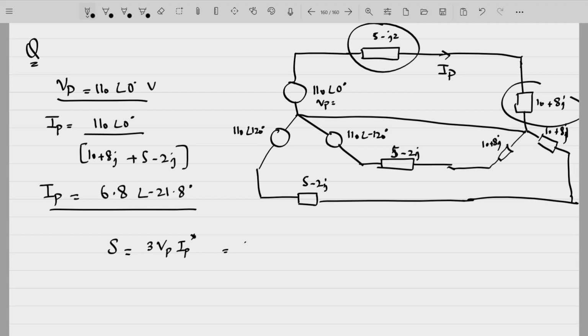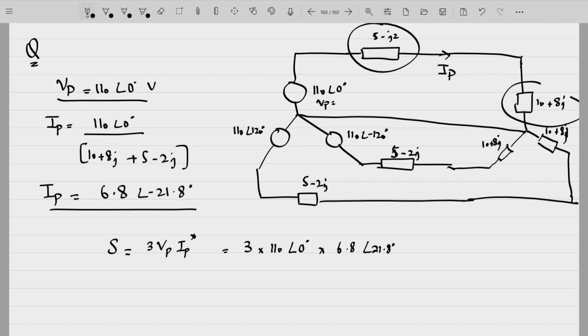So this is equal to 3 into 110 angle 0 degrees into IP conjugate, that is 6.8 angle 21.8 degrees, because we are taking the conjugate, the minus sign in minus 21.8 becomes plus 21.8 after taking its conjugate.